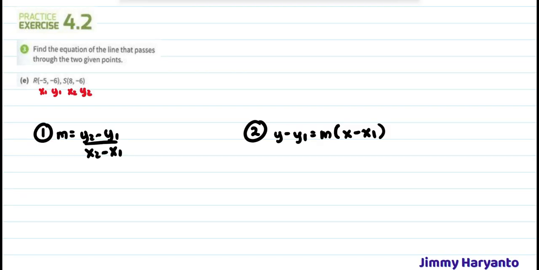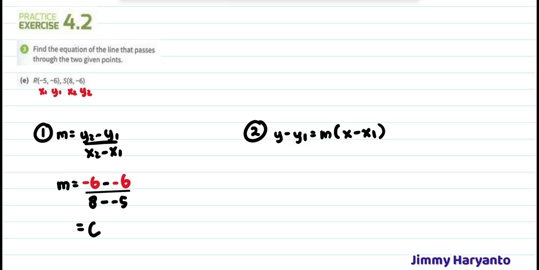And then question 3, the question wants you to find the equation of the line, but there are 2 points given. Because we don't have the gradient, we have to find the gradient first. First is negative 6, and then minus y1, also negative 6, over x2 is 8, x1 is negative 5. Oh, for this one it is 0.